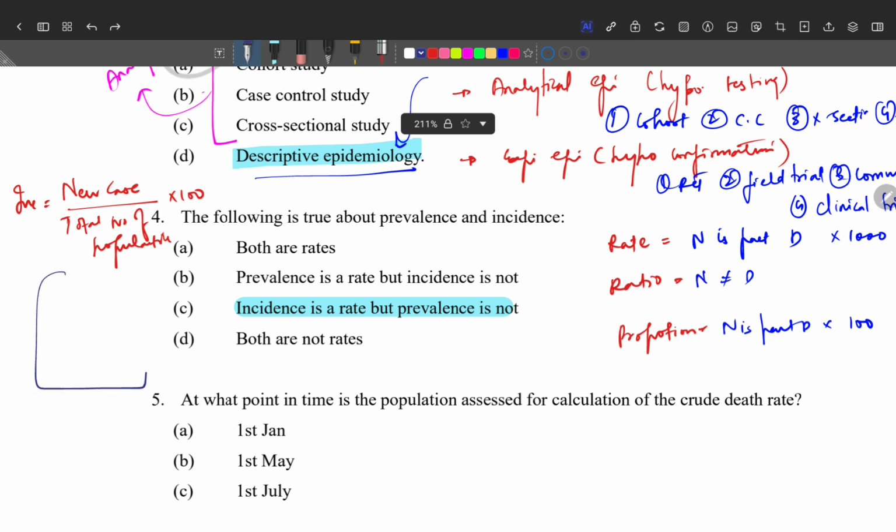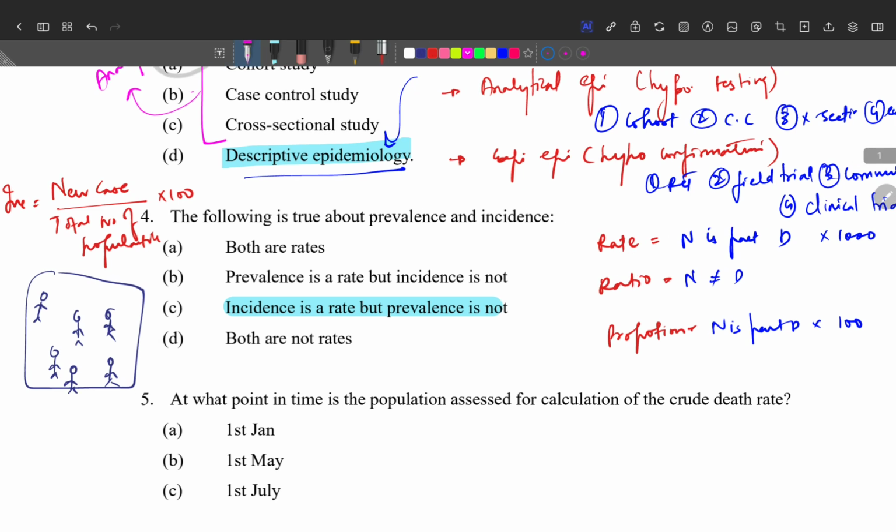If this square is the population, and I find the new cases in this square, this is called incidence, which means the new cases are a part of the population and it's a multiplier of 1000. So that's called your rate.